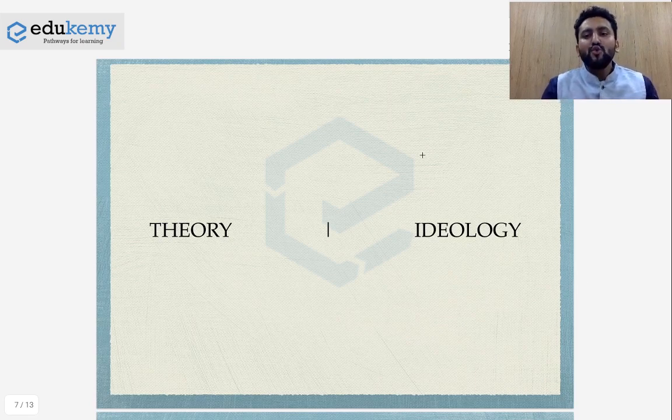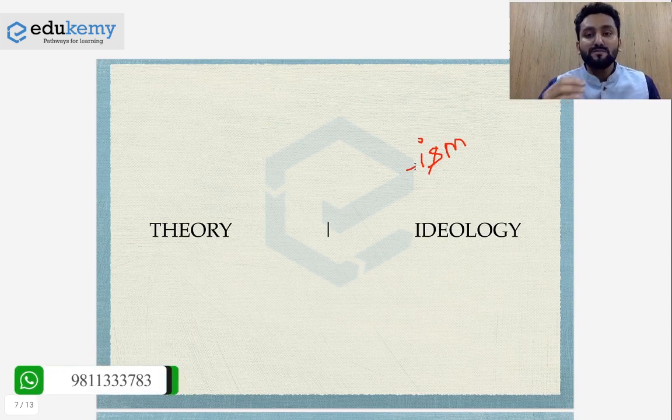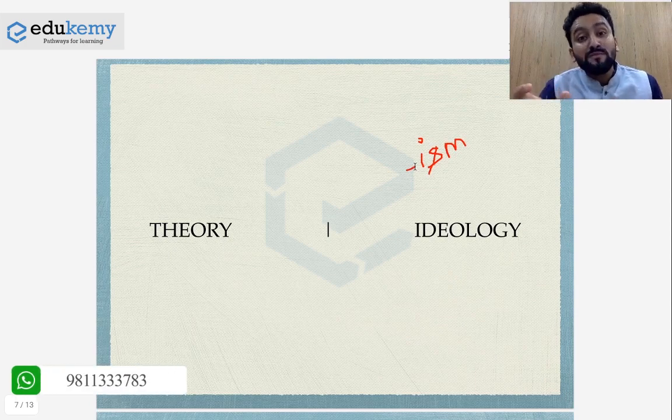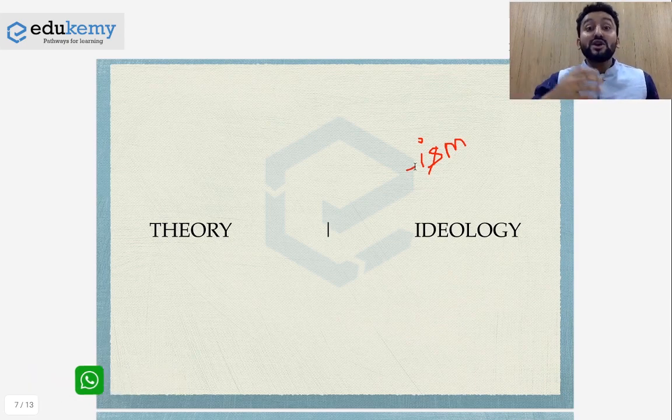Whenever you listen to some word, whenever you read some word and there is use of ism at the end of that word, ism. For example, capitalism. Whenever there is ism, it means it's an ideology. Capitalism, it's an ideology. Naxalism, ism is there, ideology. Socialism, ism, ideology.